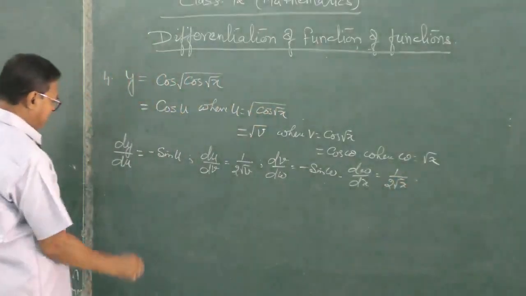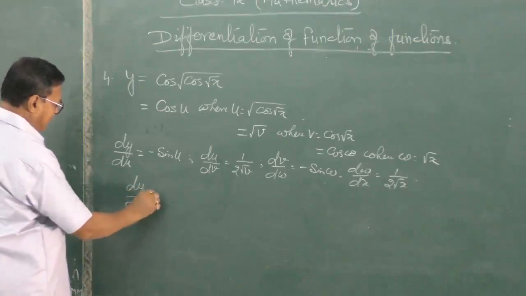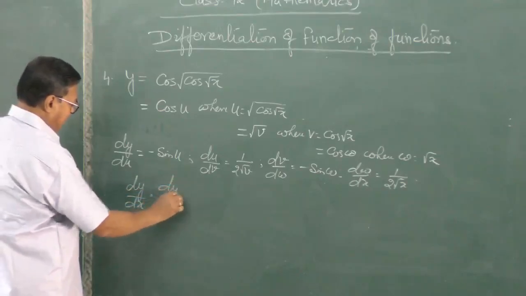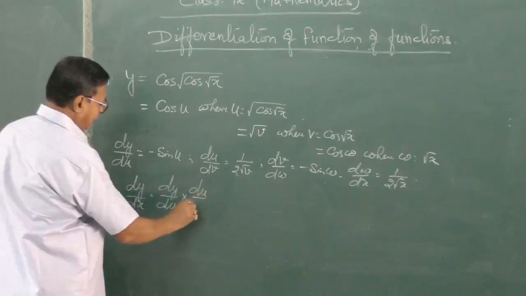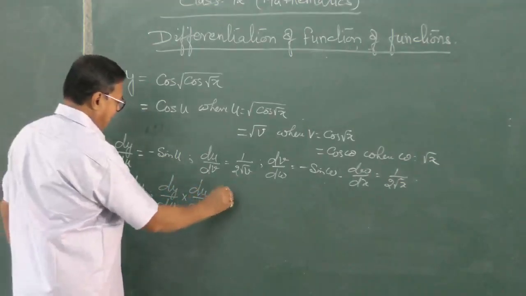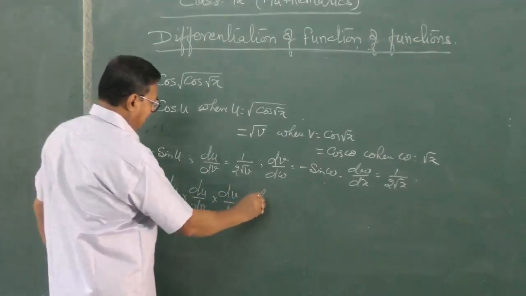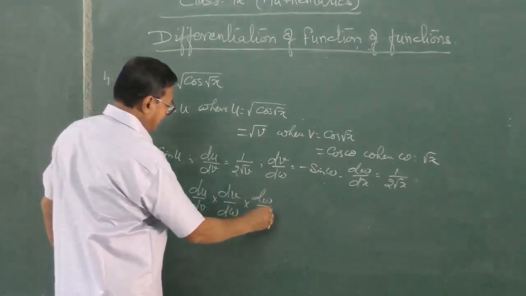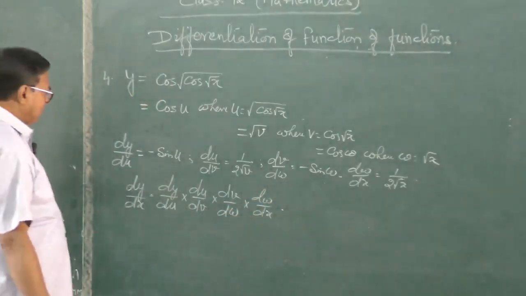So this is it. So dy by dx is dy by du, du by dv, dv by dw, and dw by dx. So there are four functions. So now substitute the values.